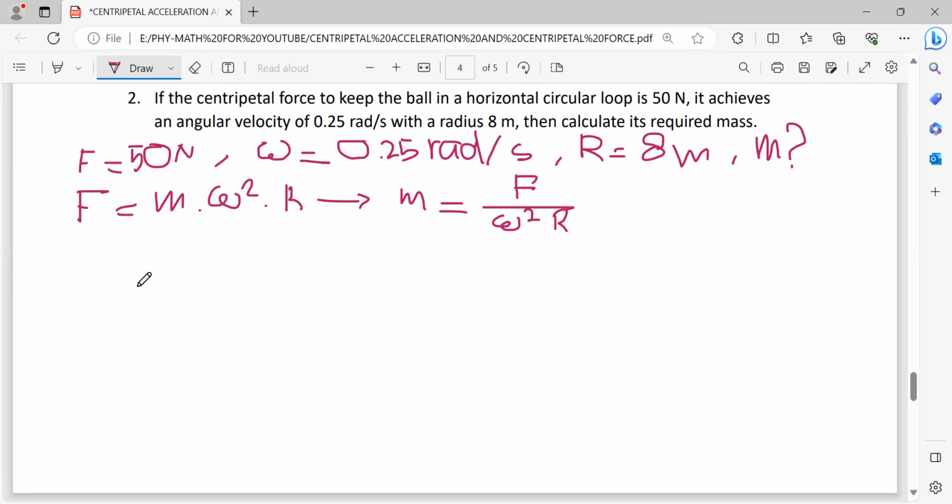So m equals F, 50 newtons, over omega squared, 0.25 radian per second squared, times r, 8 meters.